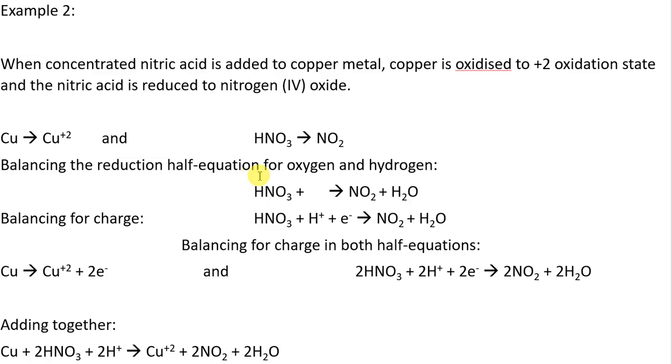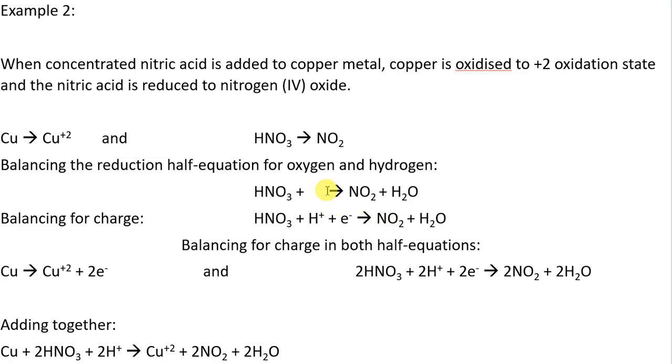Balancing the reduction half equation for oxygen and hydrogen. I see I've got H on the left in HNO3, and I've got more oxygen. Add water to the right, that's here. Now I've got 3 oxygens produced and I've got 3 in the HNO3, that's good. However, HNO3, 1 hydrogen.